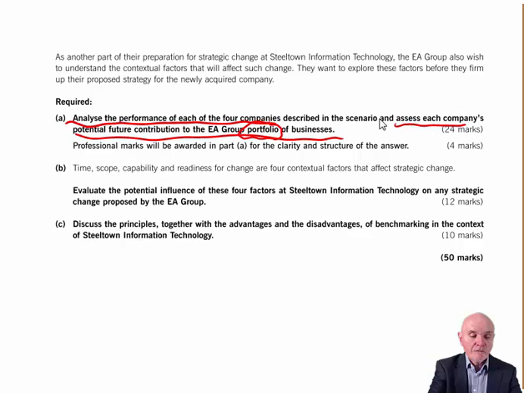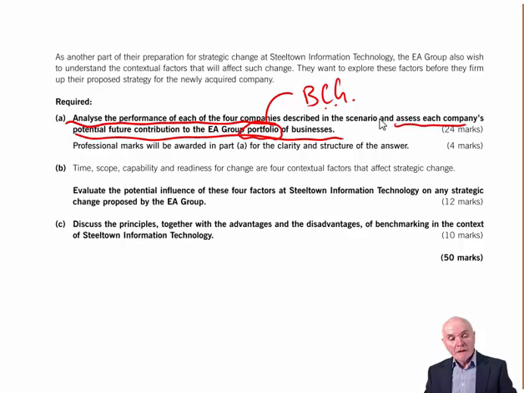The chances are that we might be looking at the Boston Consulting Group matrix. There's a small chance, but a very small chance, that we'll have to be looking at the Parental Development portfolio. But I think you'll be directed there very much to the point. When you see the word portfolio, think of Boston Consulting Group, because that's made to look at several different products or companies and see how they, to some extent, interact together.